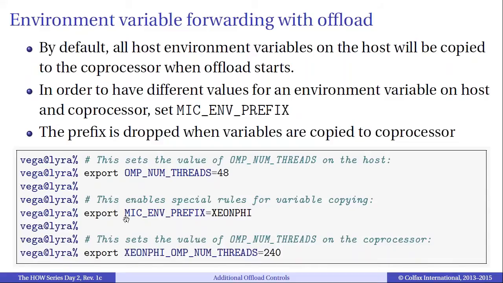This is the offload control MIC_ENV_PREFIX. I can set it to any string, and when I do that, variables whose names begin with this string will be treated specially. So this variable, at runtime, the library will copy this variable to Xeon Phi, and then it will drop the prefix. So on Xeon Phi, I will have OMP_NUM_THREADS equals to 240.